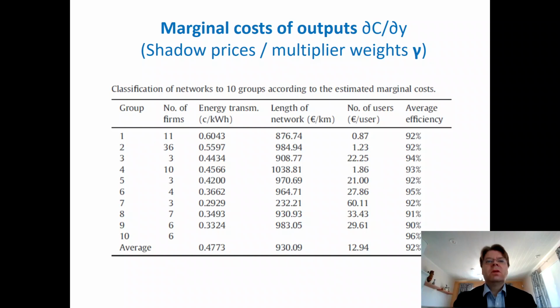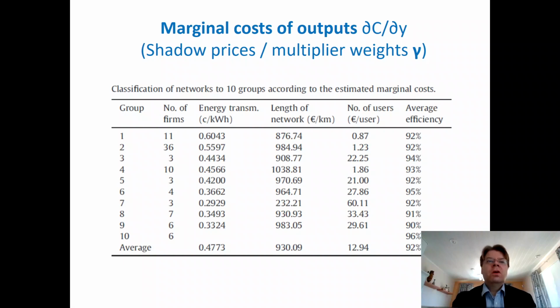You can also recognize here, comparing this, what is the relative cost of the energy transmission, network length, and the number of users. Obviously, for those urban networks that are located in the most densely populated areas, the shadow price of the number of users should be high.